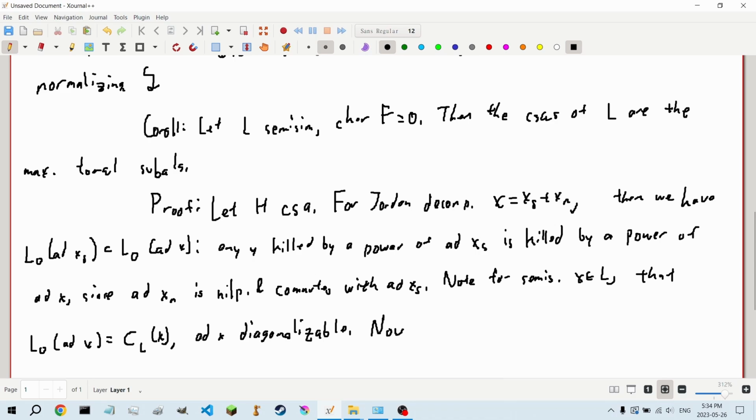Now the Cartan subalgebra H is a minimal engel subalgebra of the form L0 of the adjoint of x.